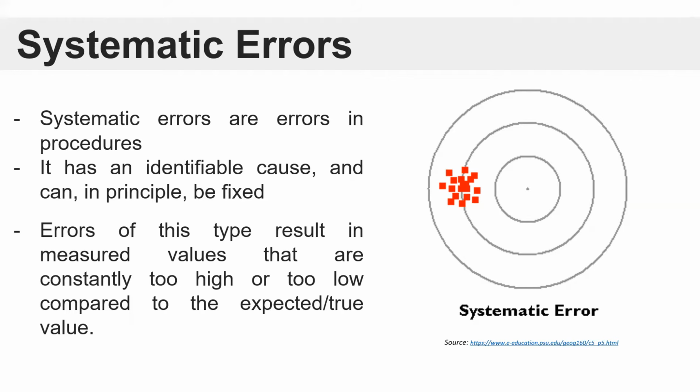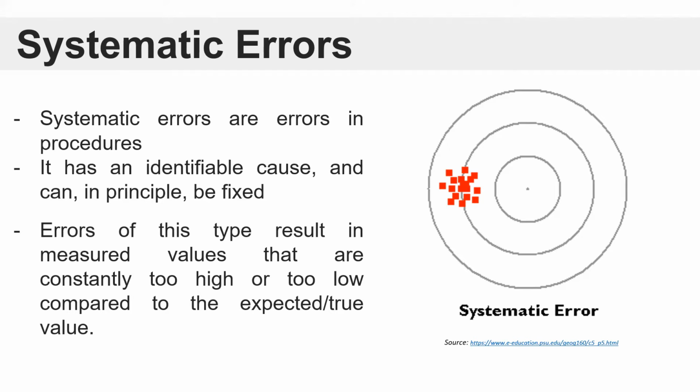Systematic errors have an identifiable cause and you can trace it back in the procedure or in the design of your experiment. Errors of this type result in measured values that are constantly too high or constantly too low compared to the expected or true value.